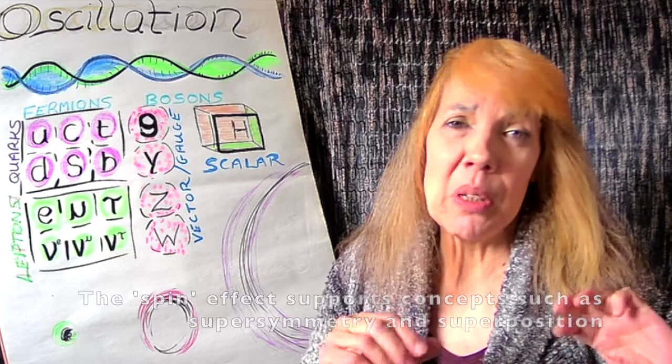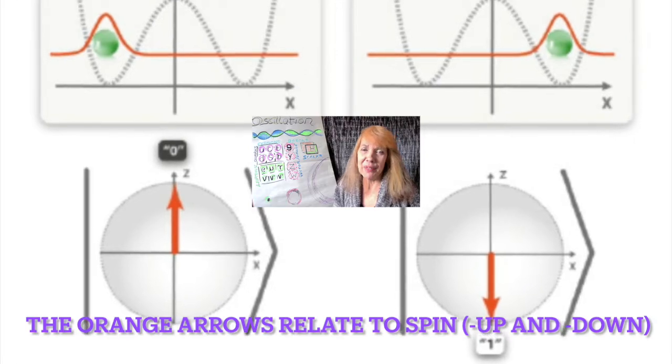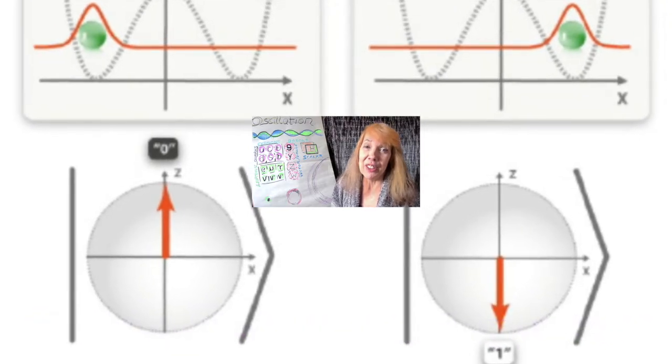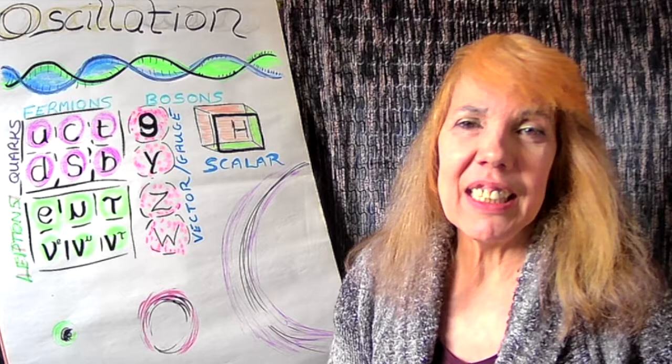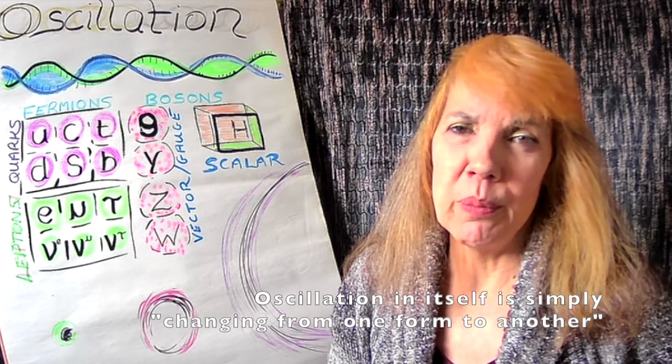And it also supports superposition, which is not dead at all, and is still very much alive and kicking, and a feature of exploration in the physics world. Oscillation in itself is simply changing from one form to another.